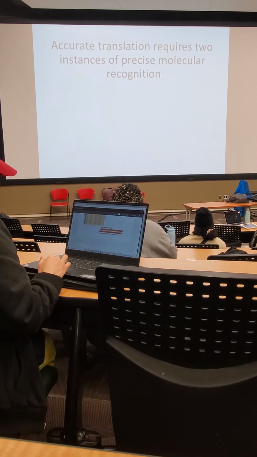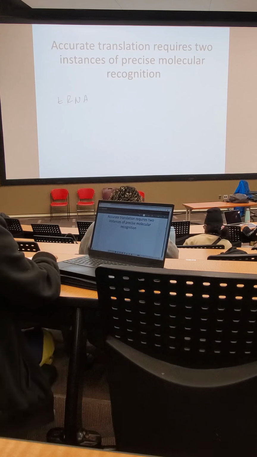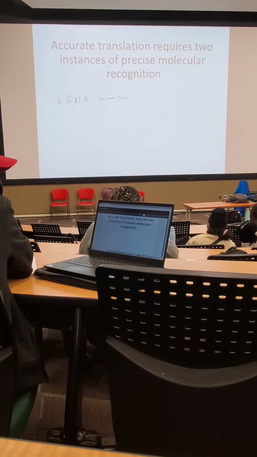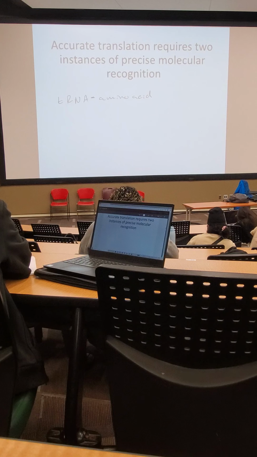So what's ensuring the specificity between RNA and DNA? There's really 2 important steps. First is the specificity between the tRNA and the amino acid. There's a physical link between these two molecules, and this is facilitated by an enzyme.